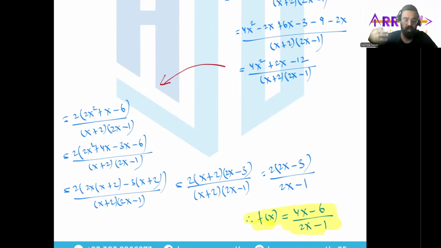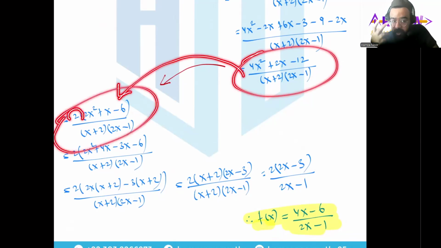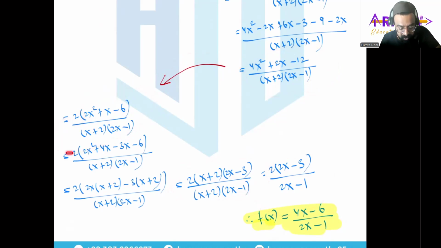Otherwise you can use your calculator equation function mode. That's fine, I'm just highlighting the steps. This one, then you come on to this one because you need to take this integer 2 as common, and then you come on to this step and carry on. So these steps you can completely ignore. I hope this is very, very obvious to you all.